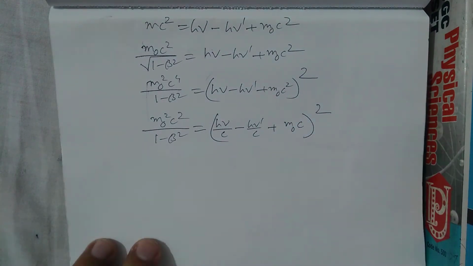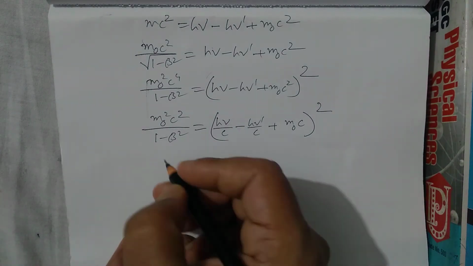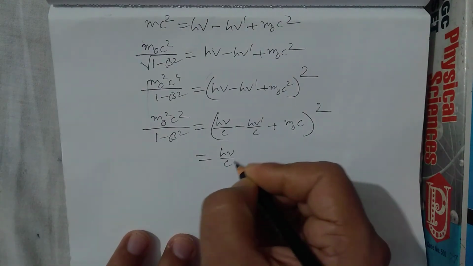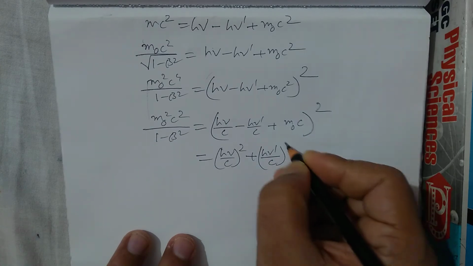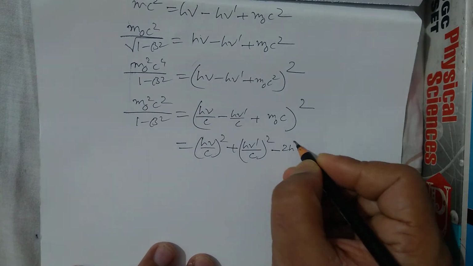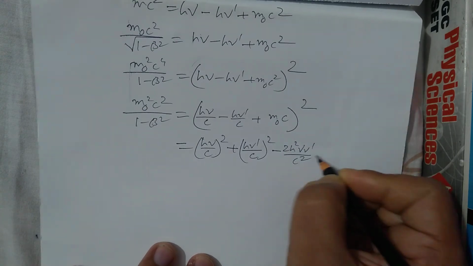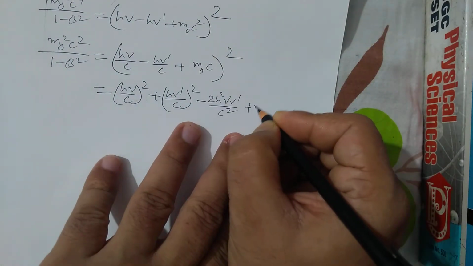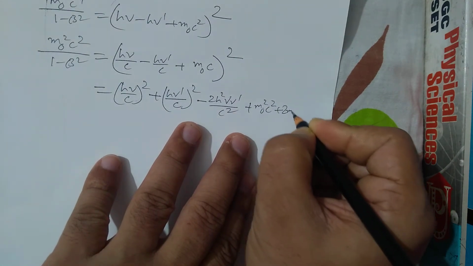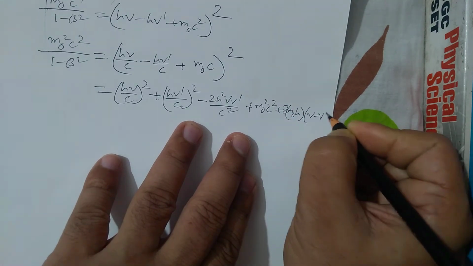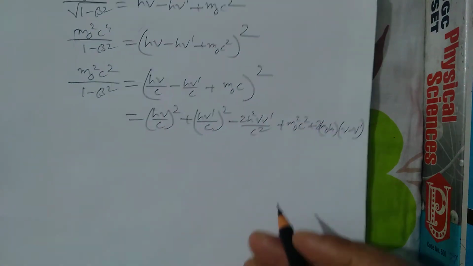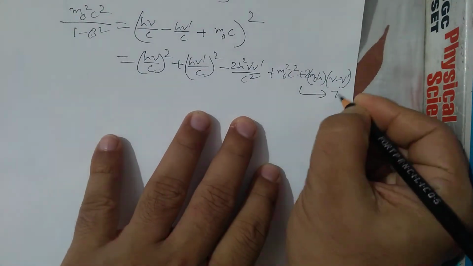This will be h nu by c whole square plus h nu prime by c whole square minus 2h square nu nu prime by c square plus m naught square c square plus 2 m naught h into nu minus nu prime. Earlier was equation number 6, so let this be equation number 7.